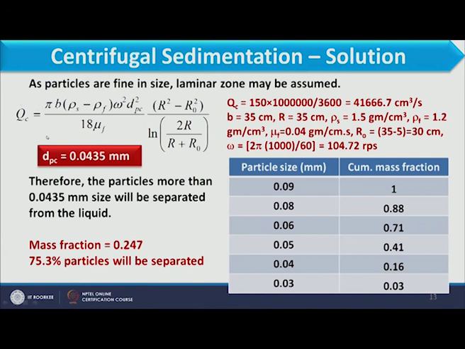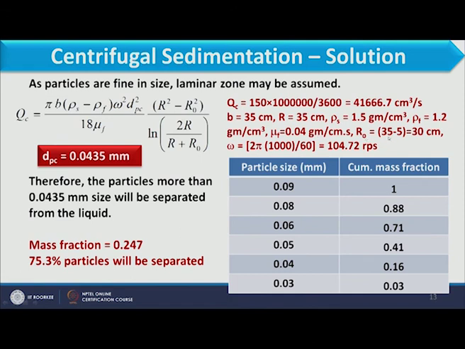The Qc expression for the laminar zone is this, which we have just discussed. Here we have replaced D with Dpc, that is the cut diameter. Here we have the Qc value which is 150 meter cube per hour, that is given, so we can represent this in centimeter cube per second. Then we have B, R, rho S, rho F, mu F, R naught.